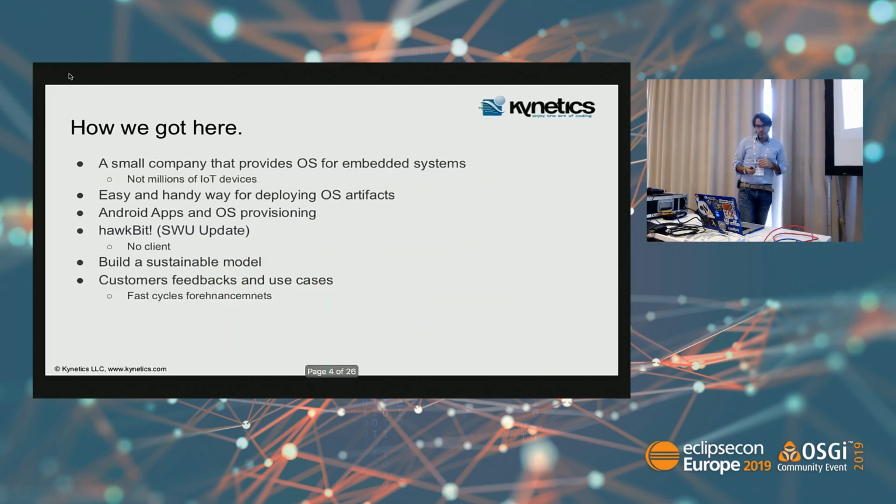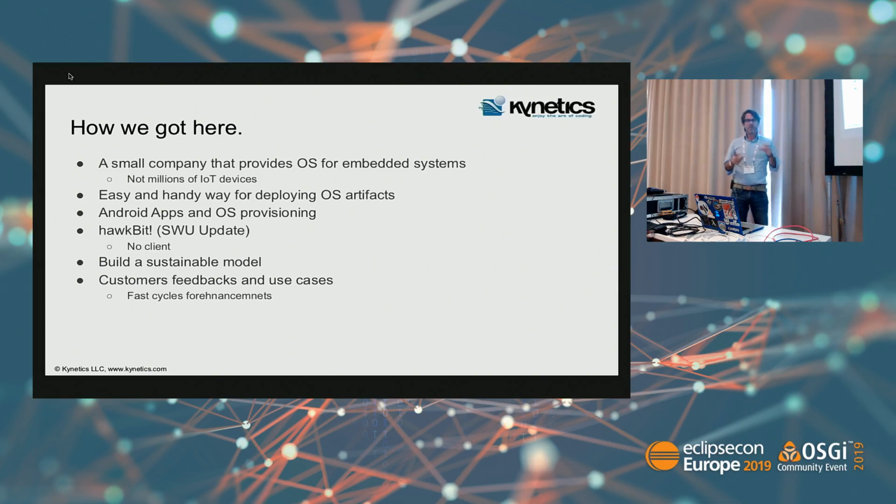Okay. So how did we get here? Kynetics is a small company. We do operating systems for embedded computers. Our customers have different chips, different processors, and we don't deal with systems that are deployed in millions.